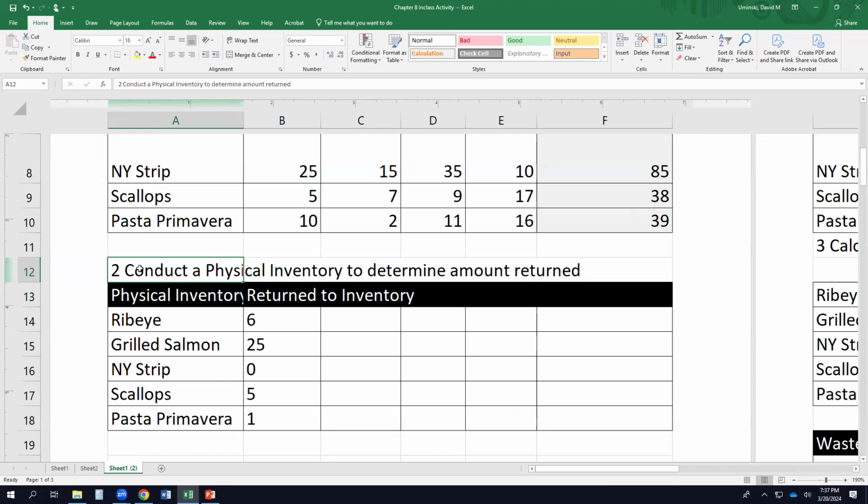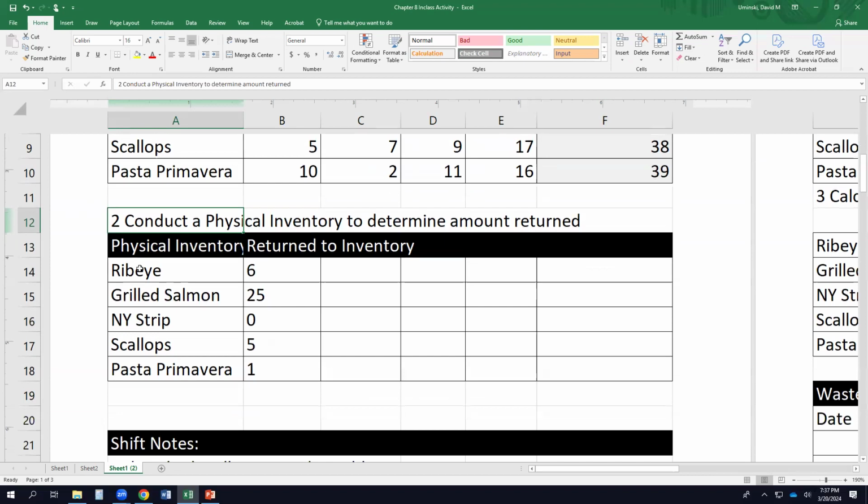So we have to do a physical inventory in order to know how many items were returned back to our inventory at the end of the night, which means the 6 ribeyes. That means that as the grill cook is cleaning up their grill station, they're going to take all that extra product and put it back in the walk-in.